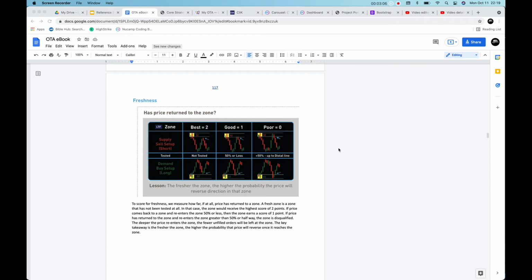If price has returned to the zone and re-enters the zone greater than 50%, or more than halfway, then the zone would be disqualified. Now, the deeper the price re-enters the zone, the fewer unfilled orders will be left at that zone. So the key takeaway is the fresher the zone, the higher the probability that price will reverse once it reaches the zone.